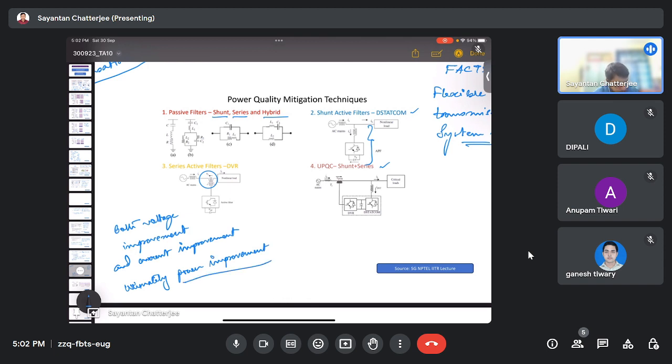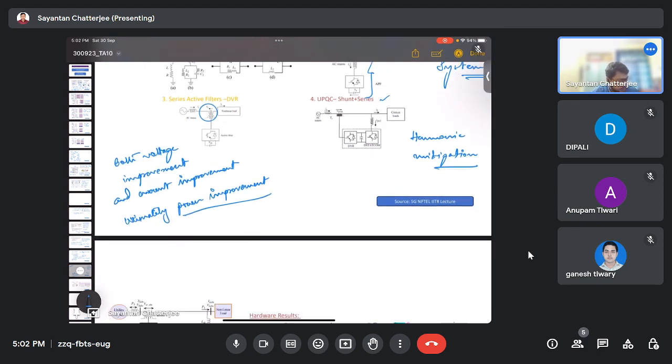So here the main motivation is to improve the system harmonics, or harmonic mitigation techniques. That's the overall aim, that is harmonic mitigation, because with the increase in harmonics the system power losses also increase, so that needs to be taken into consideration.